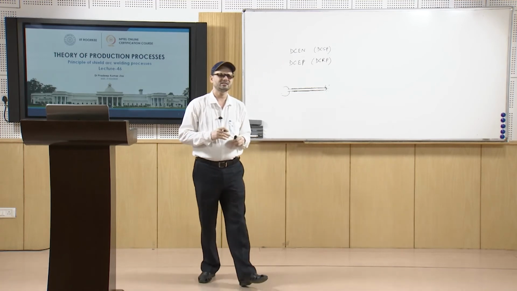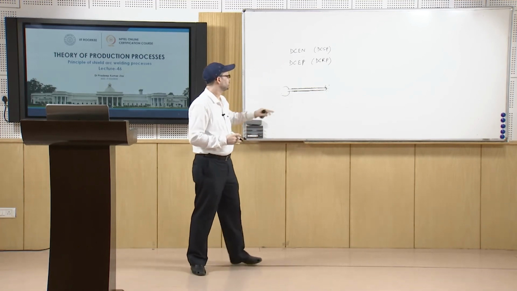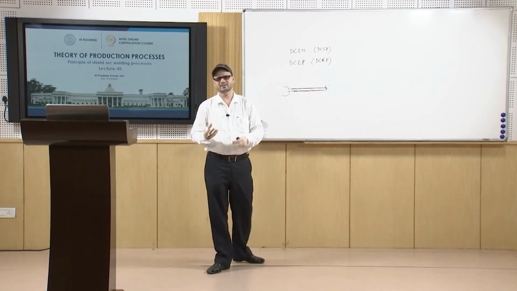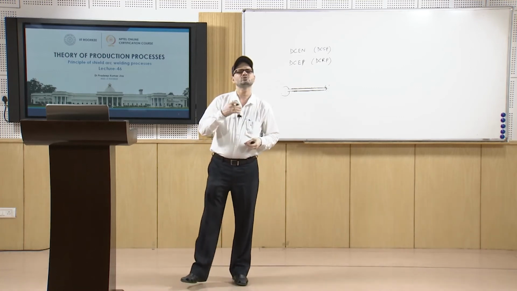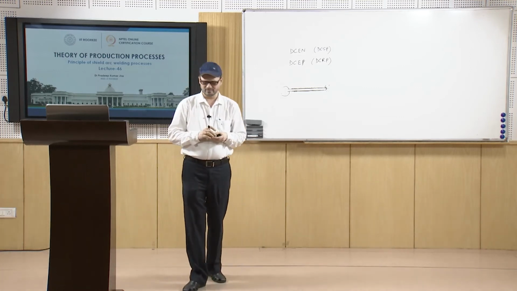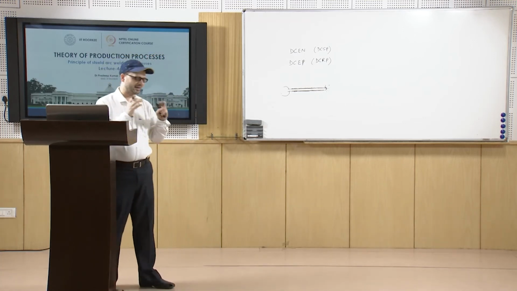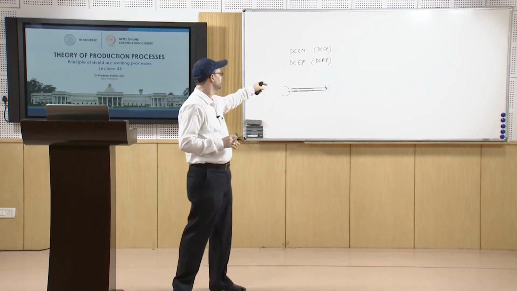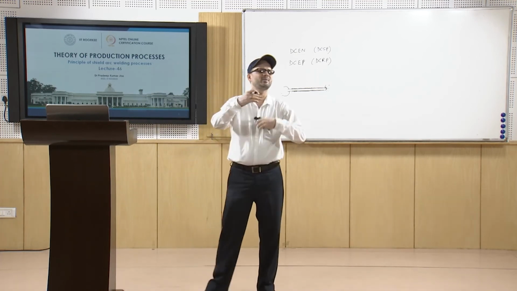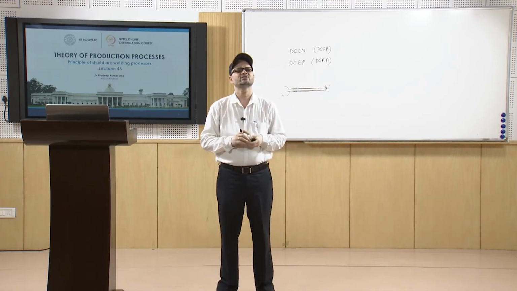Third is that sometimes, if you want to reinforce the weld pool with certain alloying elements, you can also use these alloying elements in these fluxes. So there are many advantages of these coatings.